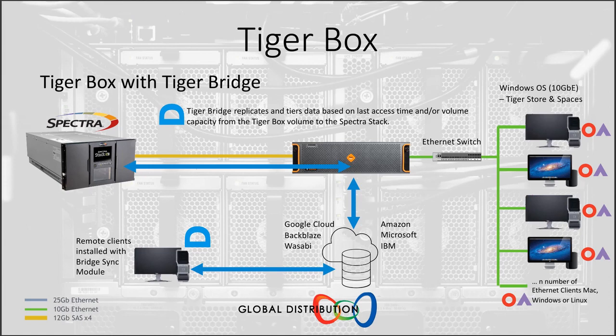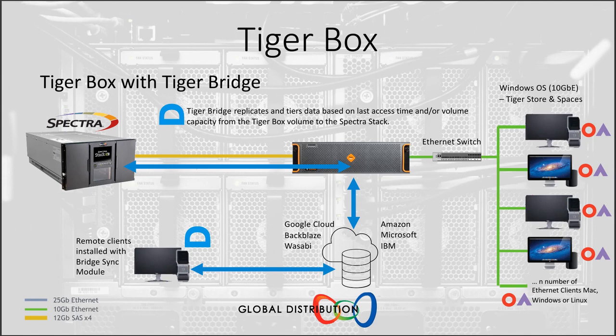So you can go to tape. When you move data to tape, you can decide whether you want to reclaim that space on the Tiger Box. So what we can do is reclaim terabytes of space within the file system, so that you can have a small or relatively small or even large Tiger disk product, and then an equal amount of tape or greater amount of tape that you can tier data to.